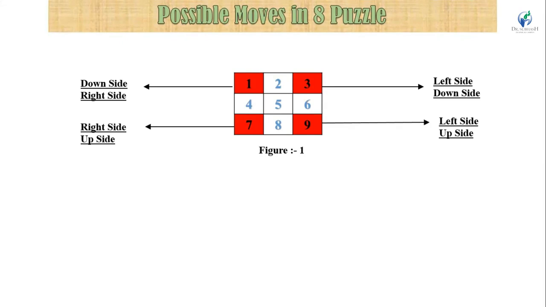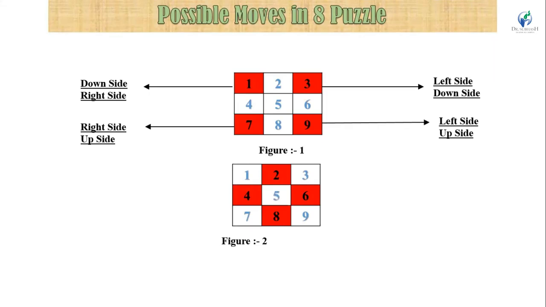Next, figure 2 also has 4 empty spaces. Note that the red mark digit is considered the empty space, so we can find the legal moves for that. If digit 2 is the empty space, it can move downside, right side, left side.